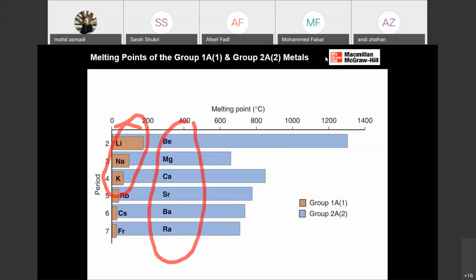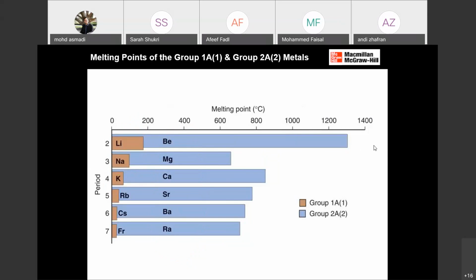So what are the properties of a material that has a metallic bond? Anyone? Maybe you can write in the chat box or in the Padlet if you want.